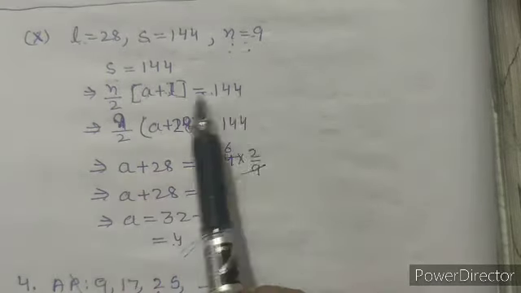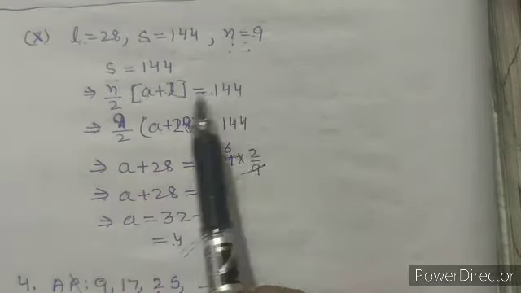Now on solving this, we are getting the value of n as minus 5 plus minus under root 10201 upon 8. Now this 10201 is the square of 101. On taking the negative sign, we are getting n equal to minus 5 minus 101 upon 8, and that is equal to minus 53 upon 4.